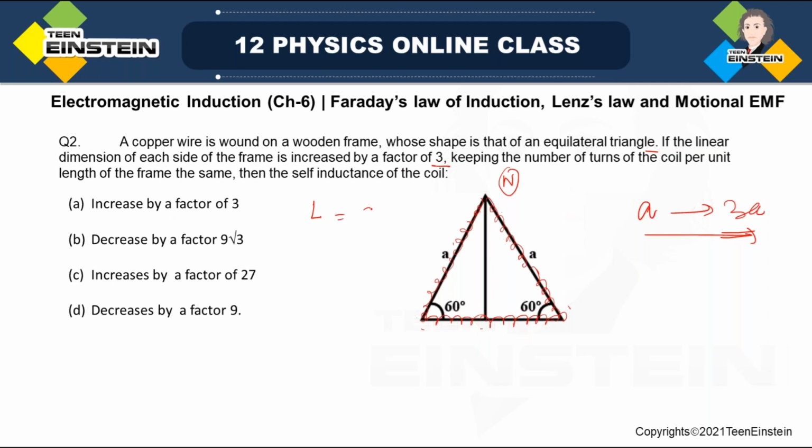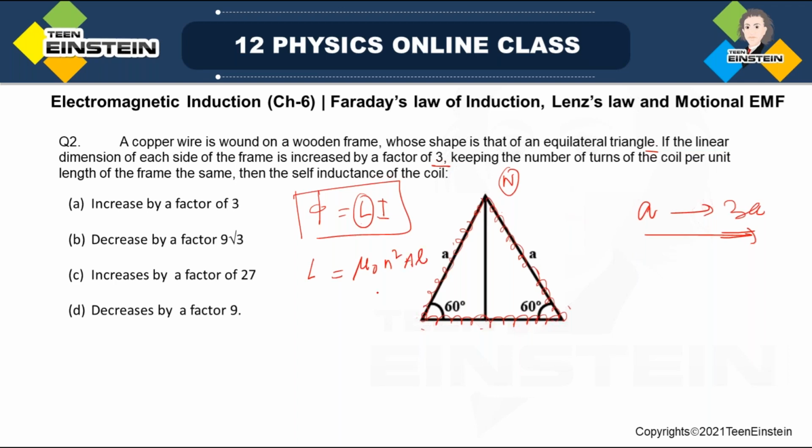Self inductance means L: phi is equal to Li. We know phi is equal to Li, where L is the self inductance, and we have to find the answer for this case. For this particular case, or in any case for a loop, you get L equal to mu naught n square A into l.